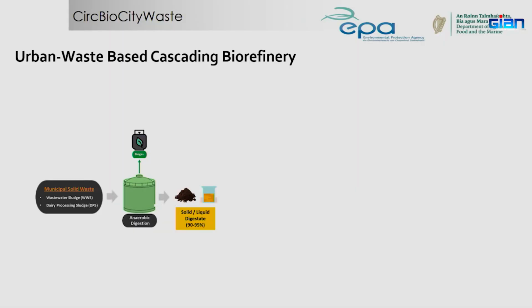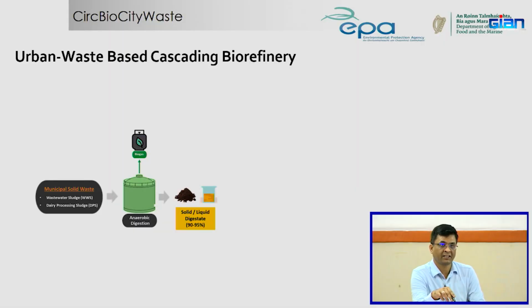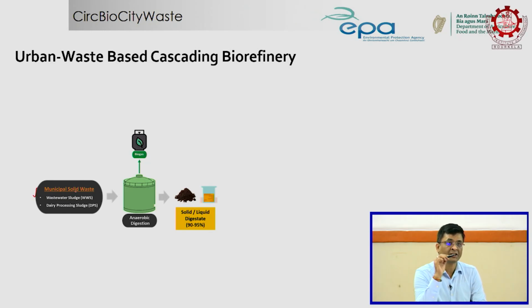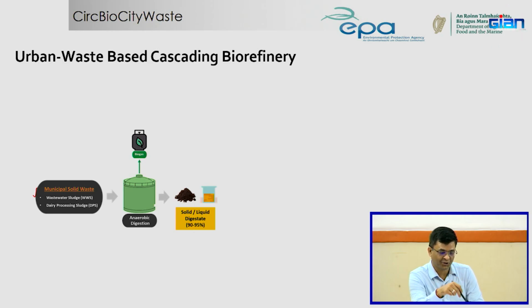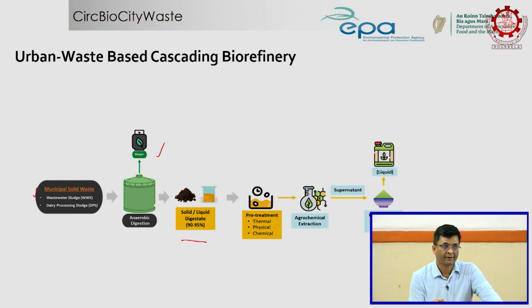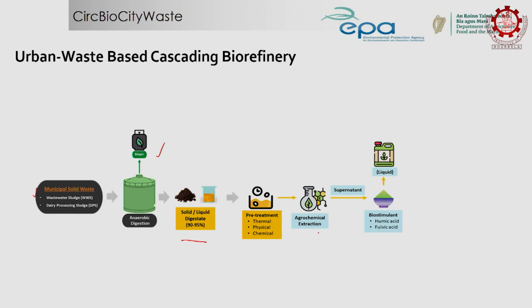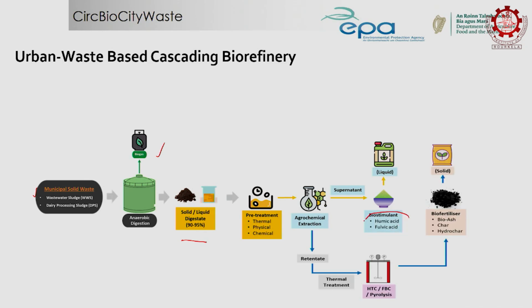This is an ongoing project at the moment that is to do with circular biocity waste. That means whatever the wastewater sludge or municipal solid waste coming in, anaerobic digestion, you want to get energy, yeah? You get solid and liquid digestate, yeah? And then different treatment, agrochemical extraction, that is humic and fulvic acid, yeah?